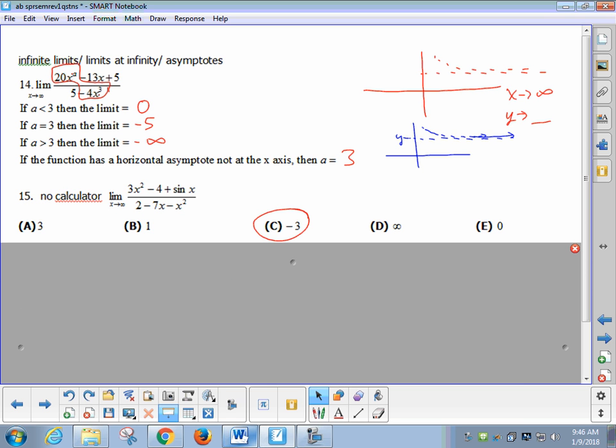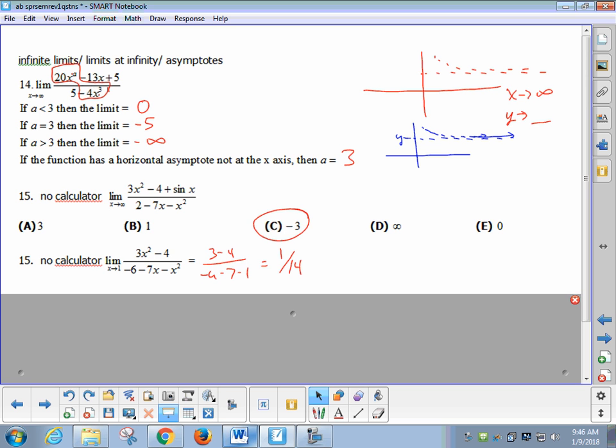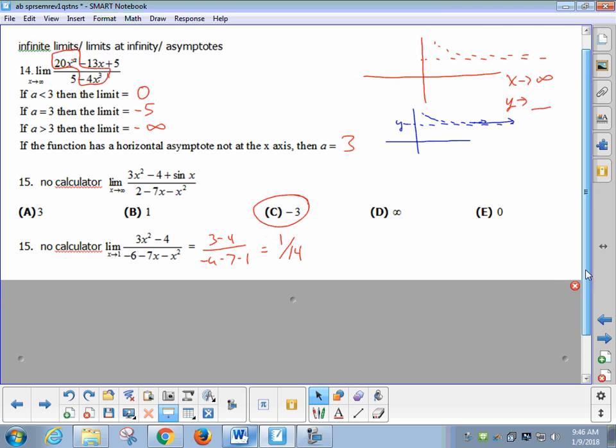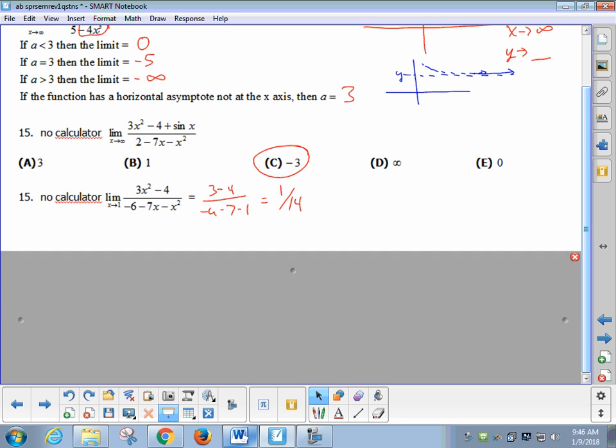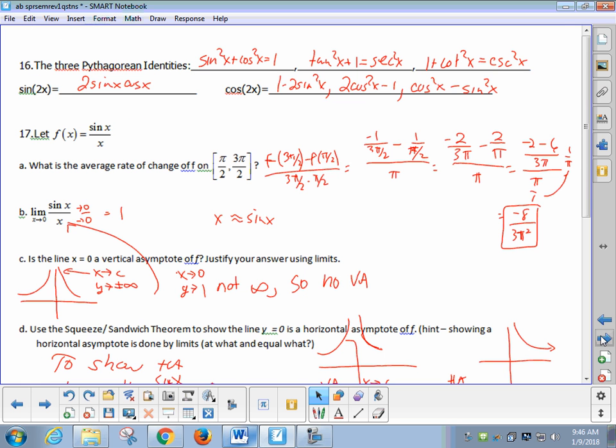Okay, and behavior on that one, the dominant terms are 3x squared and negative x squared, so that's negative 3. That one's direct substitute. Remember, your first objective is to always direct substitute, so that would approach 1/14. Unless there's a continuity issue, you can assume that the point itself will match the limit.